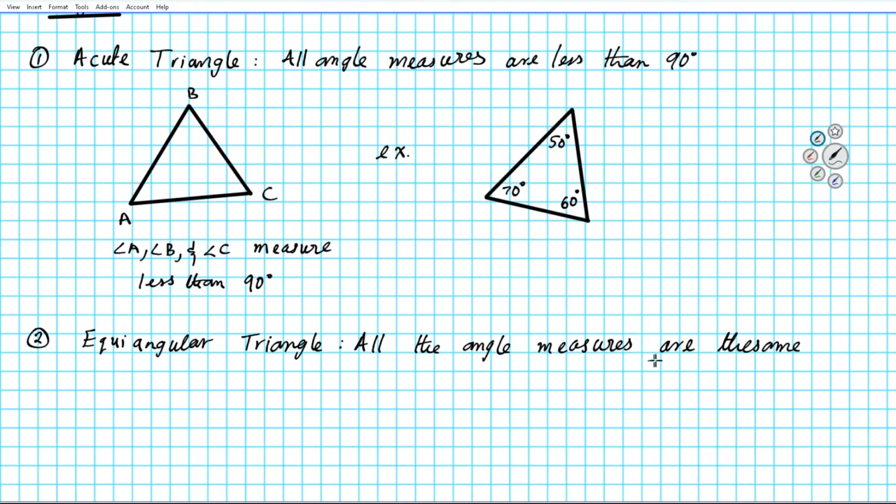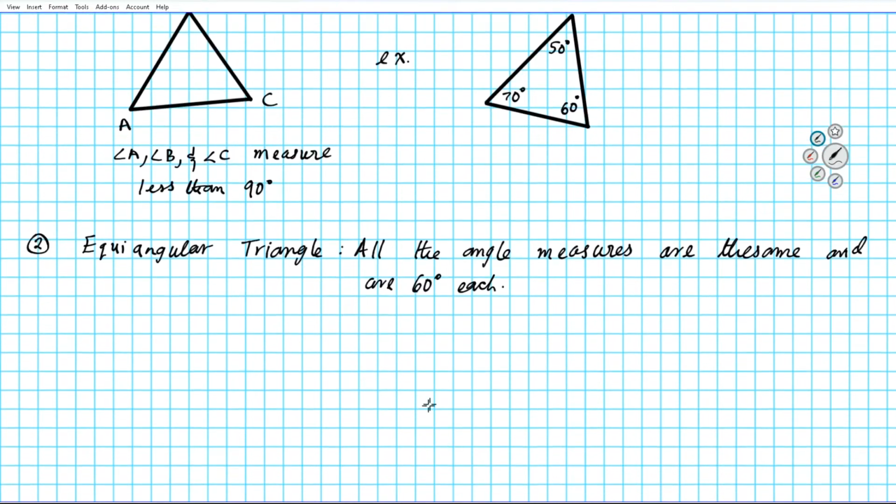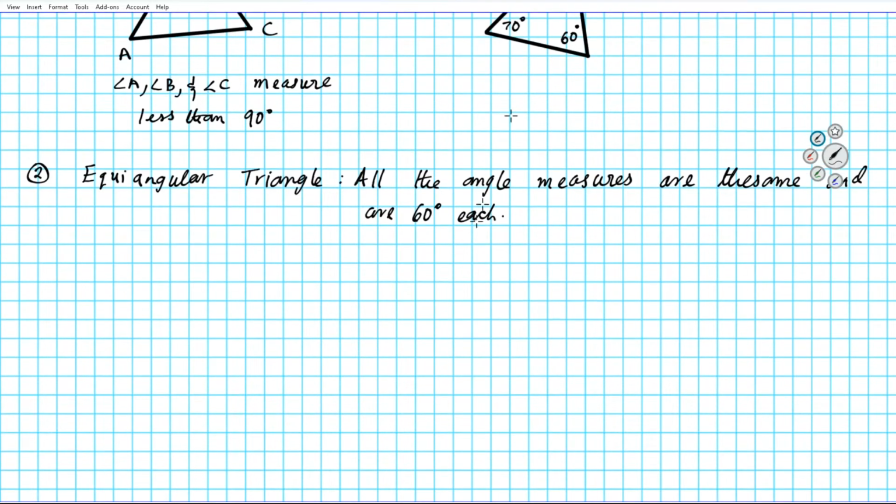All the angle measures are the same and are 60 degrees each. Why is that? Because the sum of the angles in the triangle is 180 degrees, and if you split that into 3 even parts, you get 60 degrees for each one.